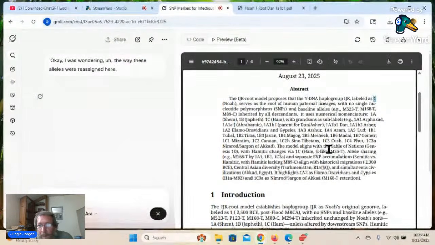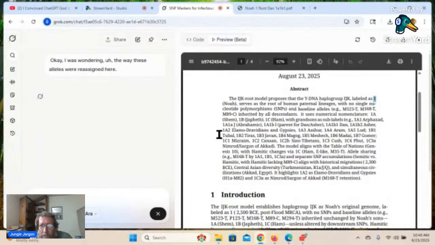Sure. I'd be happy to explain how the IJK alleles, specifically the M523T, work in the IJK-root model and how they're reassigned from the baseline of Noah, labeled as 1. In this model, Noah's IJK is set as the root, 1, with no single nucleotide polymorphisms, SNPs, carrying baseline alleles like M523T, M89C, and others, around 2500 BCE.